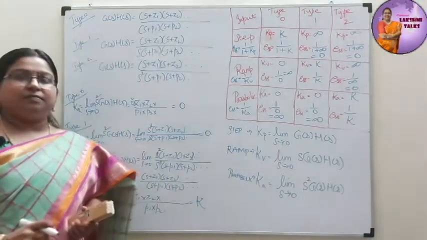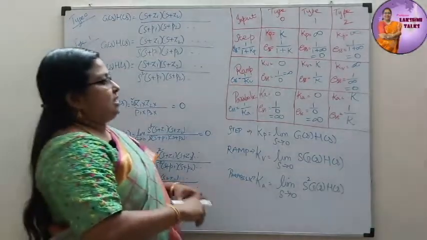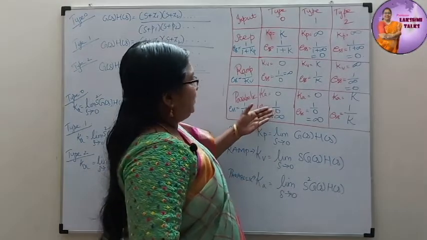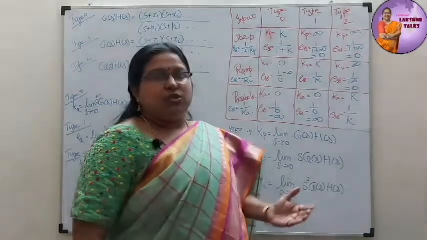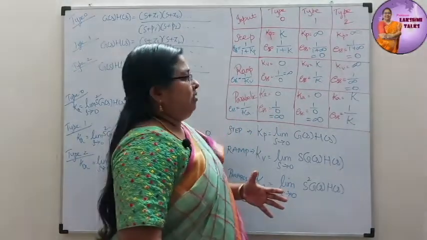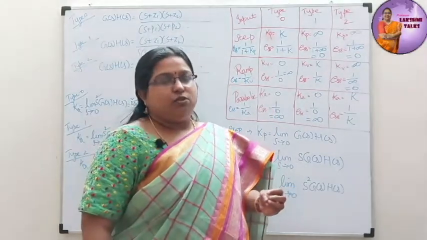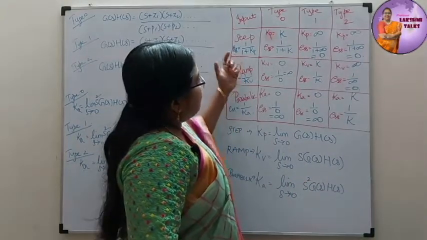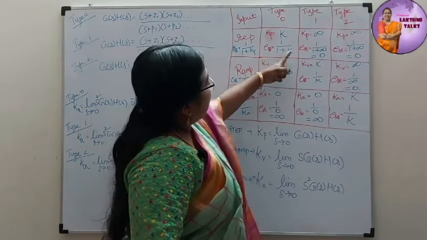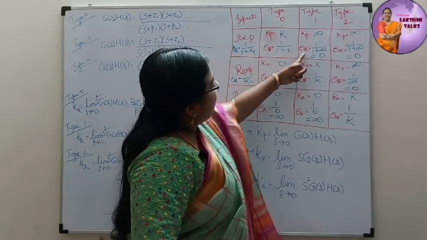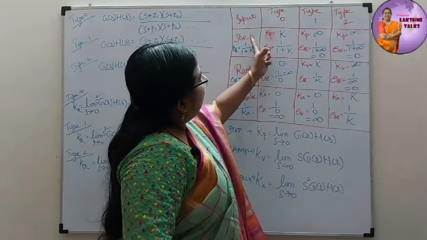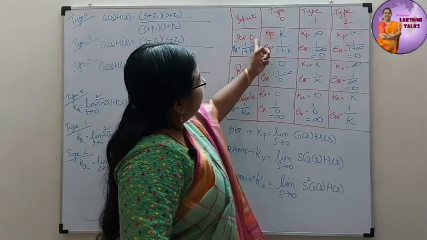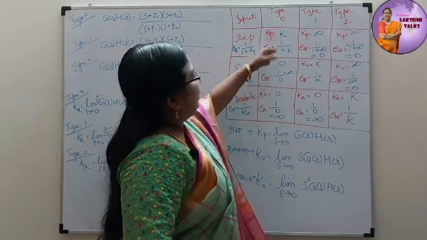Is it right? So from this tabular column you can see our aim is to reduce the steady state error, right? The steady state error should be 0. That is ideal. So you can find out the steady state error is 0 for a step input. Right.